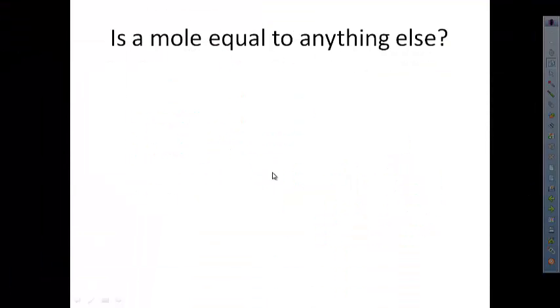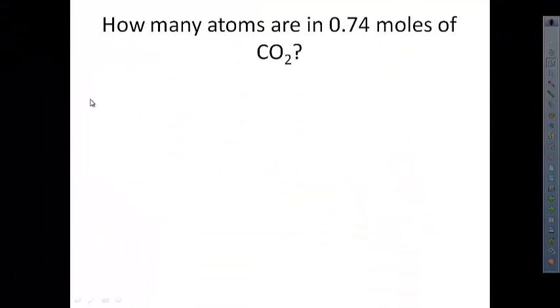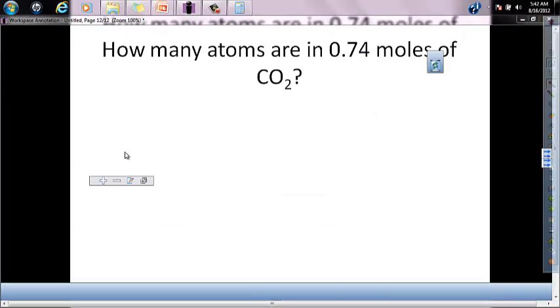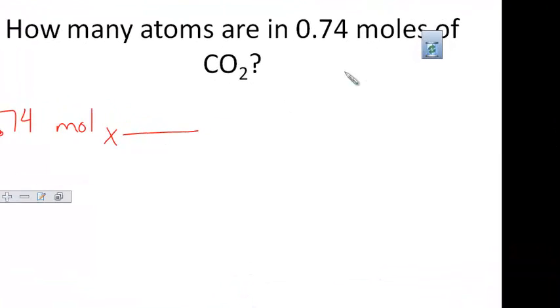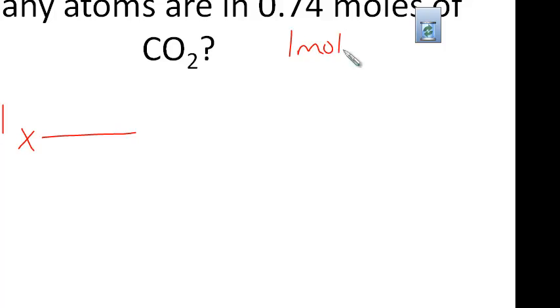All right, let's look at a problem. It says how many atoms are in 0.74 moles of CO2? We got 0.74 moles. Let me throw our little conversion factors right up here real quick.